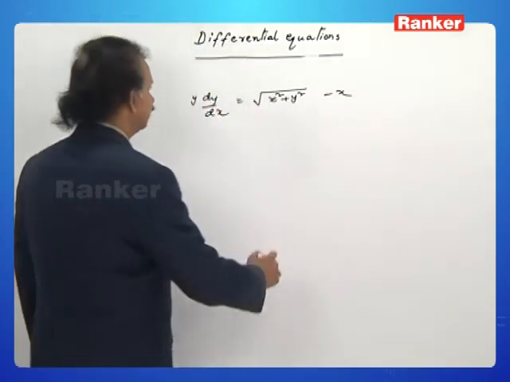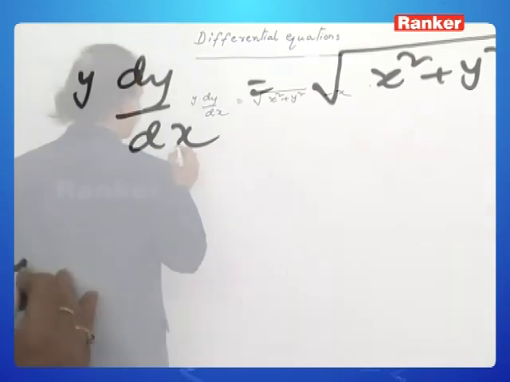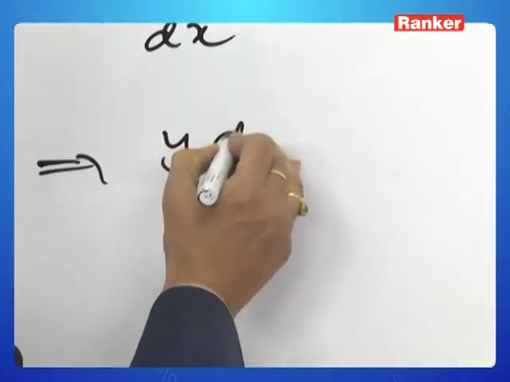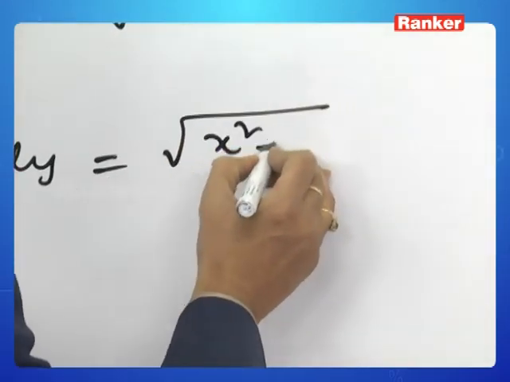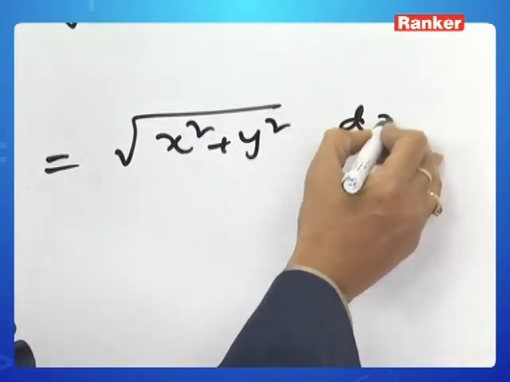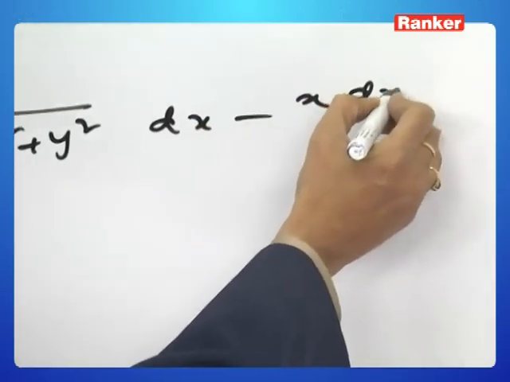Come on. This can be written as y dy = √(x² + y²) dx − x dx. Am I correct?